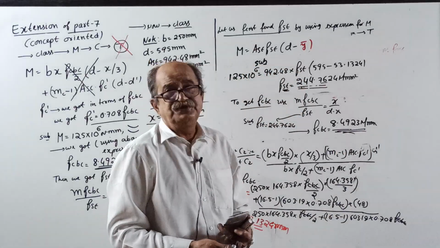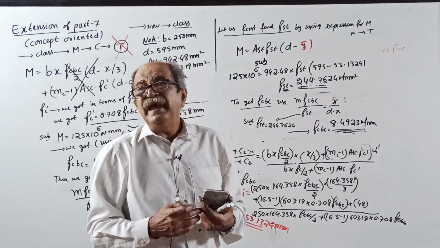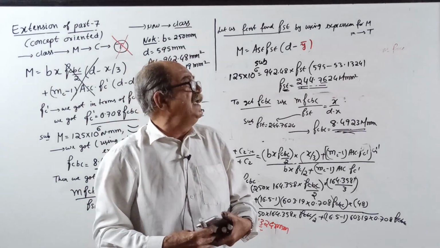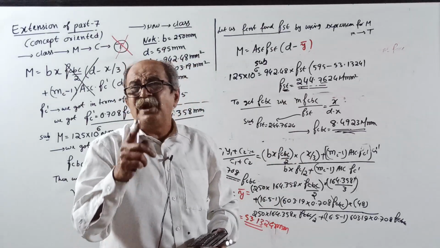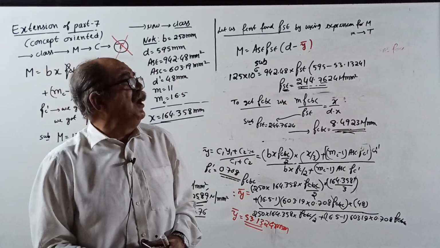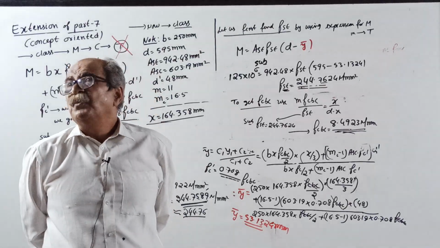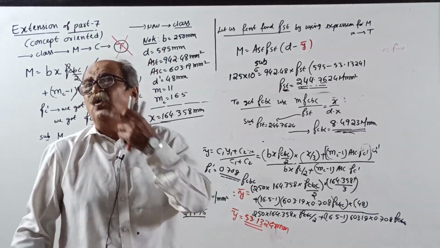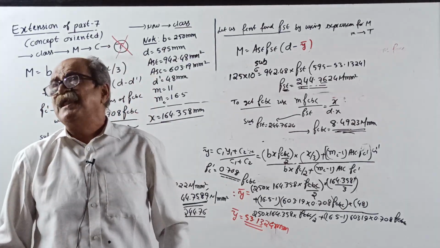Okay, I will close the class now. I thought I would tell about the limit state method also. Maybe I will take one more class. I will tell it exclusively, because later I may not tell. Even the same problem in limit state. Many people will tell you the expression for M in the limit state method: Mu equal to 0.36 fck into b into xu into d minus 0.42 xu plus fsc into Asc into d minus d dash.